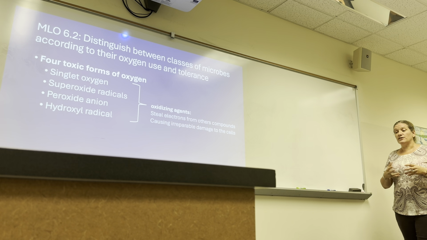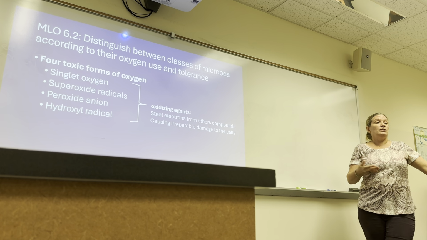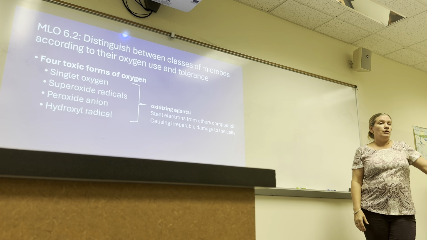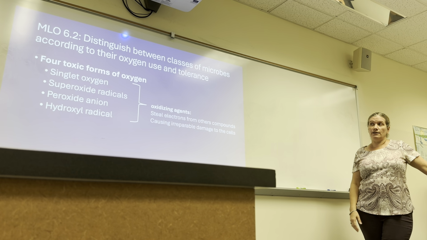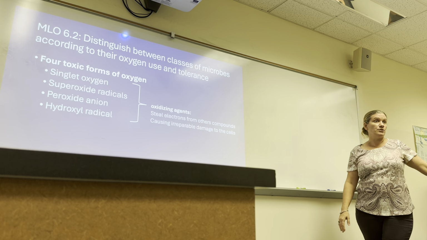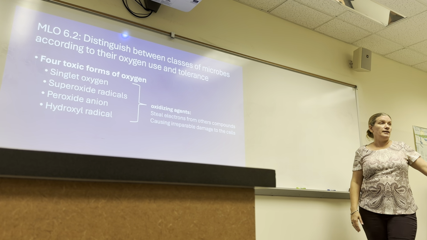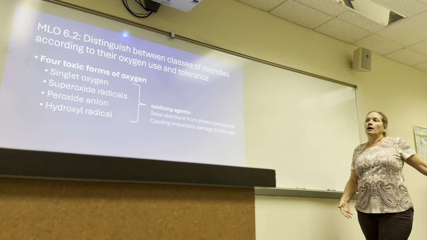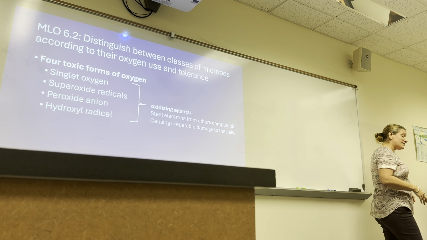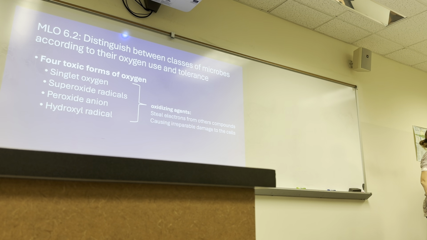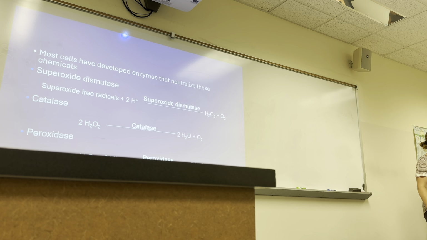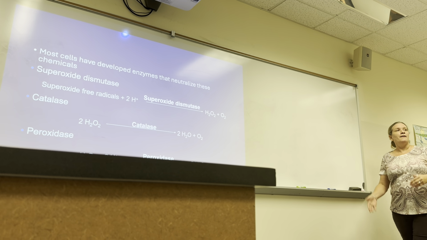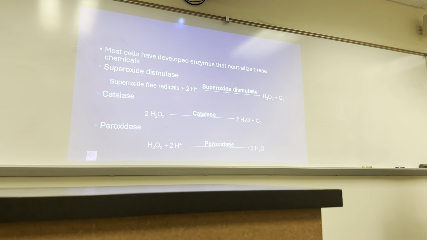So, how do the cells combat that? Obviously, we live in the presence of oxygen. Do our bodies and our cells have to deal with this? Absolutely. Any cell that metabolizes in the presence of oxygen has to deal with this. Cells deal with it by producing enzymes that detoxify it.